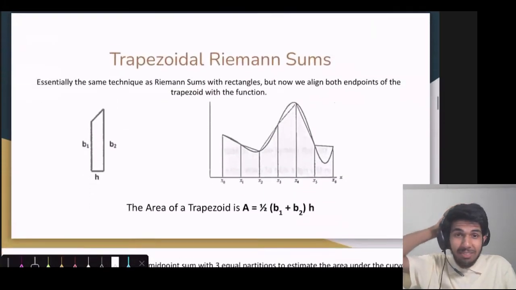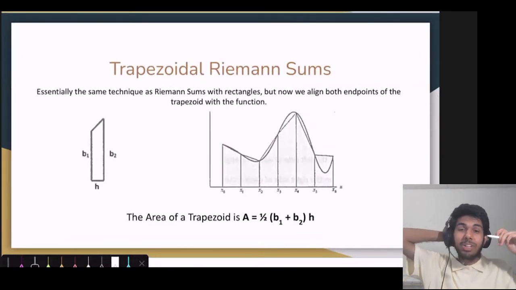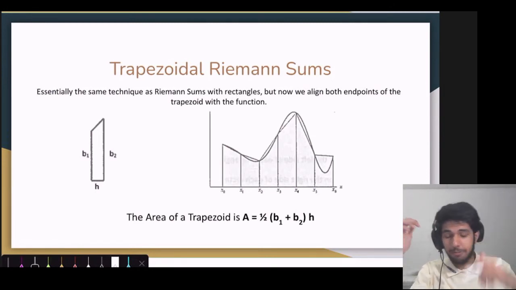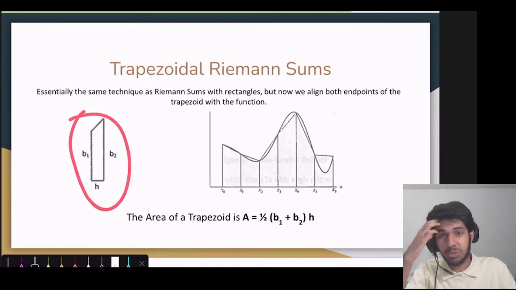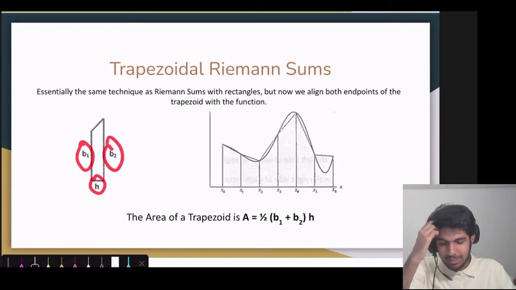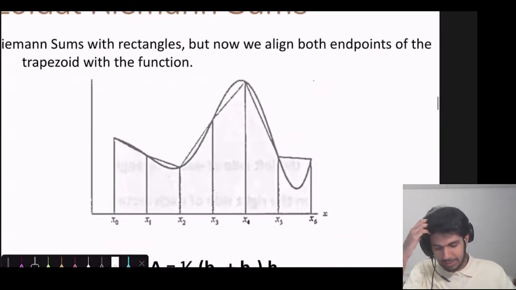So this is the same technique as we did with rectangles, but now we're going to use trapezoids. And we do this by aligning both endpoints of the trapezoid with the function. So this is the trapezoid we're going to use, where we have some height or some width here. We have these two bases, and then we have these two points here that we're going to align with the function. And we can see this in the drawing here.